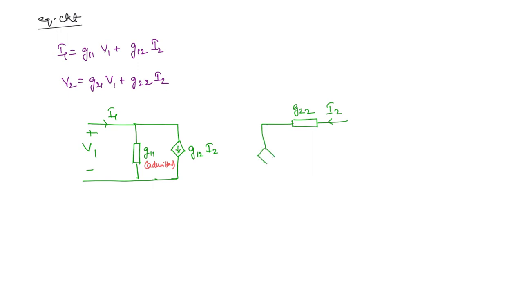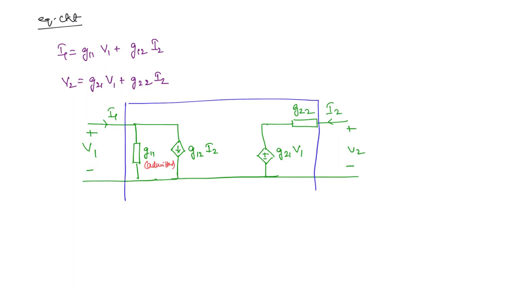Next, the voltage source will be like this. So this is G21 V1, and the voltage V2 is like this. Okay, so finally these will be connected like this. So now this entire part will be the two-port network.